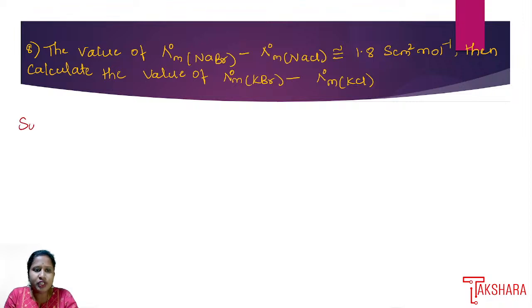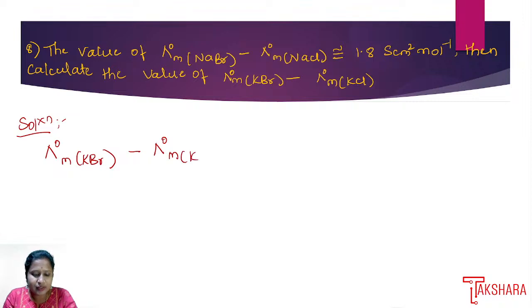So if we come to the solution, we know what we are going to find out, that is lambda naught m of KBr minus lambda naught m of KCl, correct?